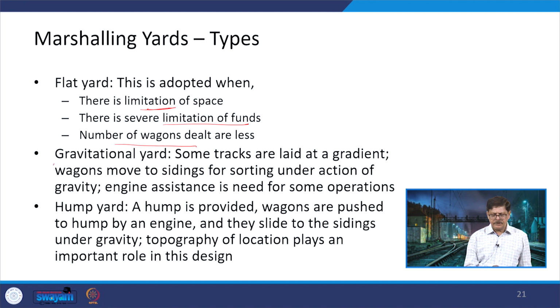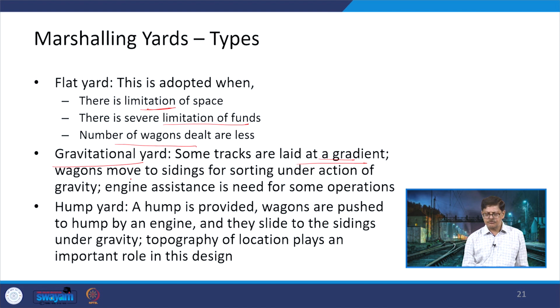Another type of yard is known as the gravitational yard. The word itself defines how this yard functions. The wagons coming into this yard move under the gravitational force, and that gravitational force is induced by the provision of a gradient. So, there are some tracks which are laid at a gradient.